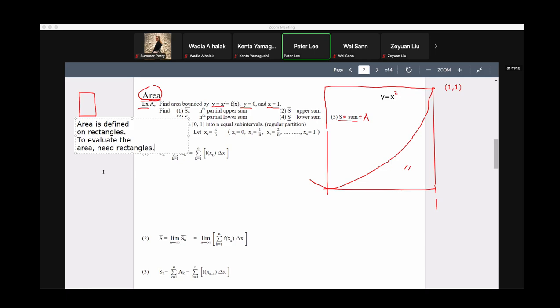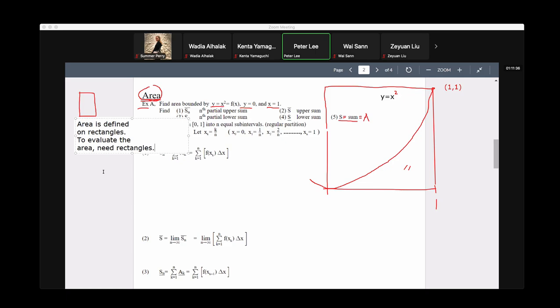So what I'm trying to say is, if you want to get area, we need to have a rectangle. Without any rectangle, no area. Again, the area of a triangle is half times base times height. Why is it half of something?